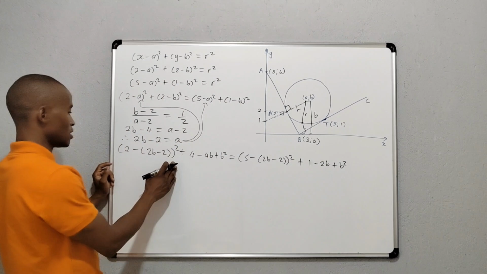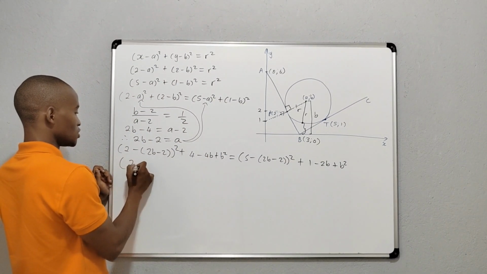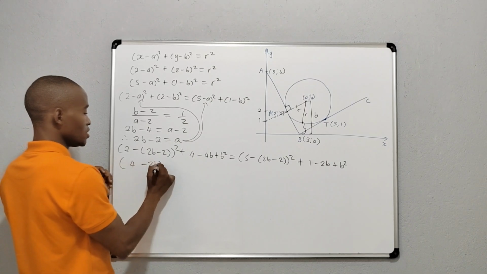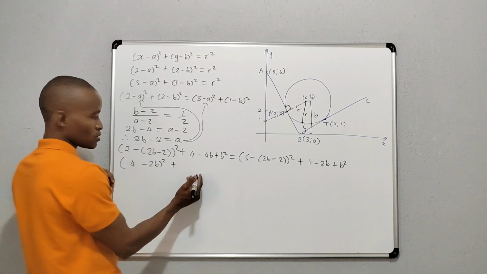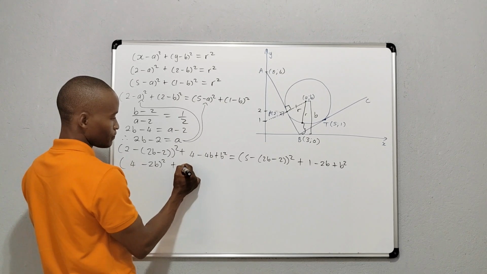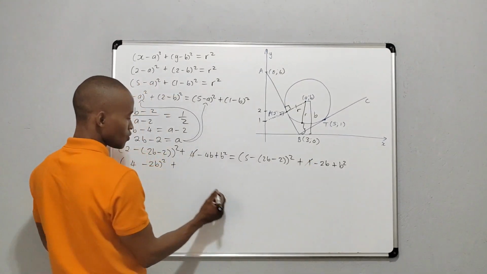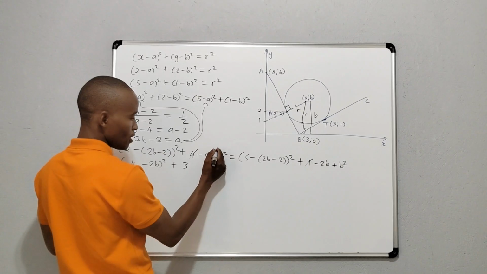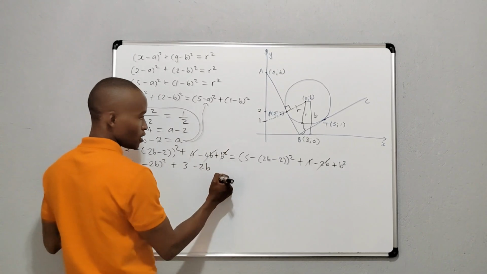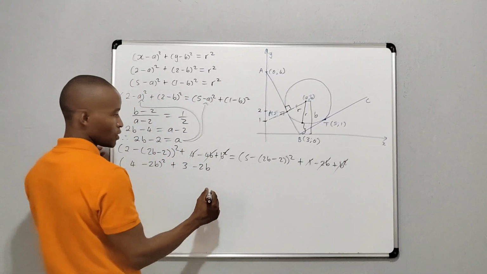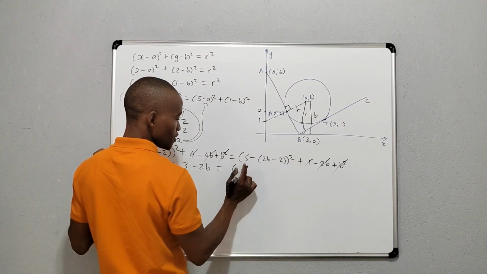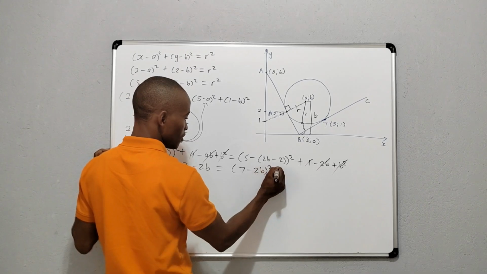Okay, so we're going to come back here to have what? 2 plus 2 gives us 4 minus 2b plus, okay, that will be 4 minus 1 gives us a 3, minus 4b plus 2b gives us minus 2b, and b squared minus b squared, they fall away. Okay, so we have 5 plus 2 gives us 7 minus 2b all squared.